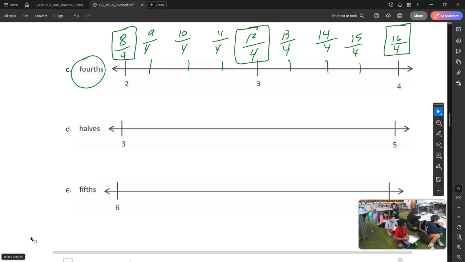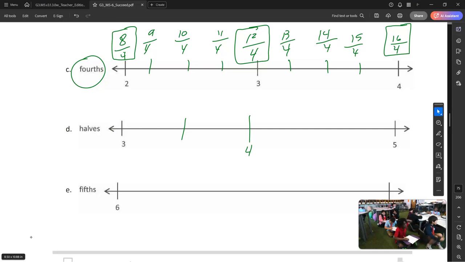All right, next one, D. This one says halves, and we start with 3 and we end with 5. So what number are we missing? We're missing 4. So I'm going to put it right in the middle. Now, we're doing halves, so I need my line split into 2 or half, right?